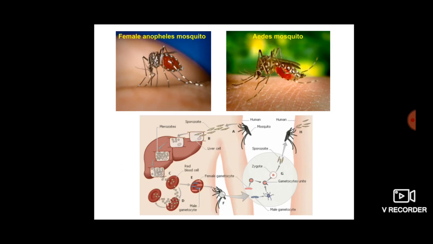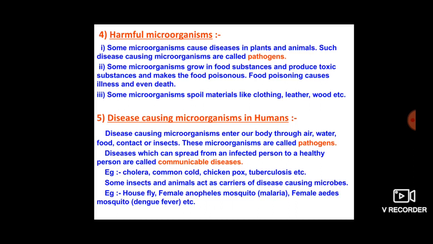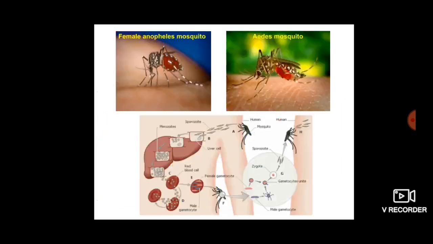Some of the best examples you are observing here are the female Anopheles mosquito and the Aedes mosquito. These are the two kinds of mosquitoes. The female Anopheles mosquito causes malaria, and the female Aedes mosquito causes dengue disease.